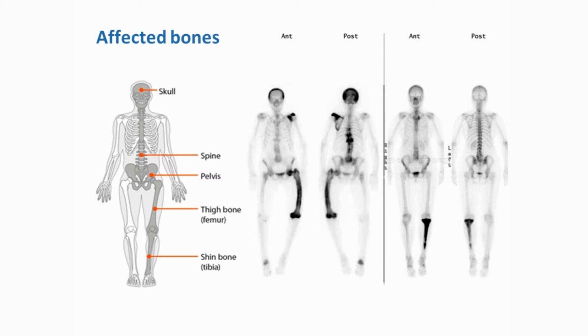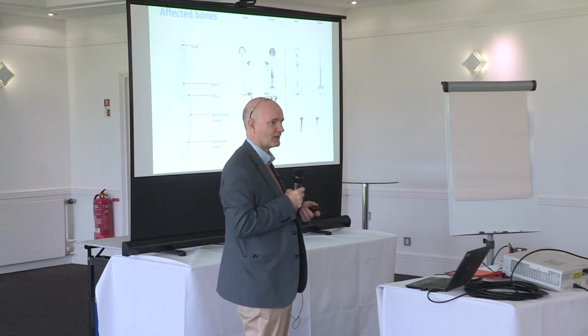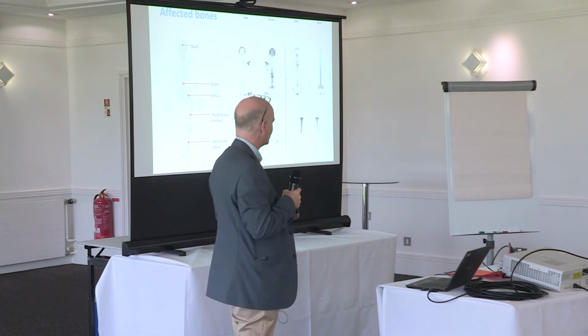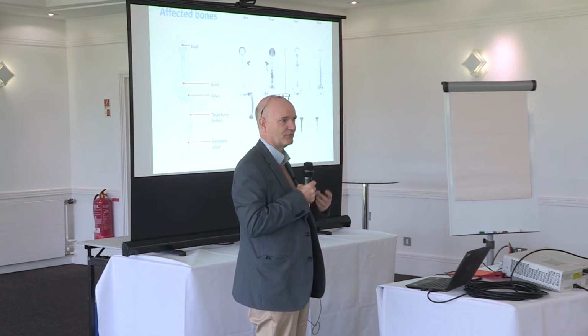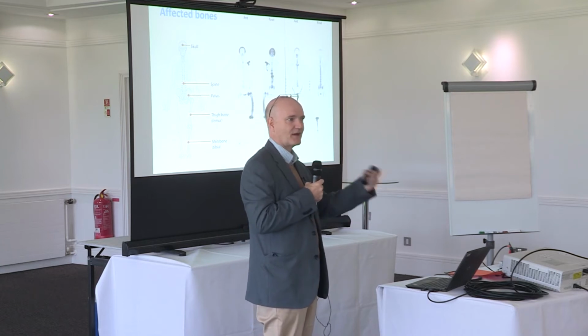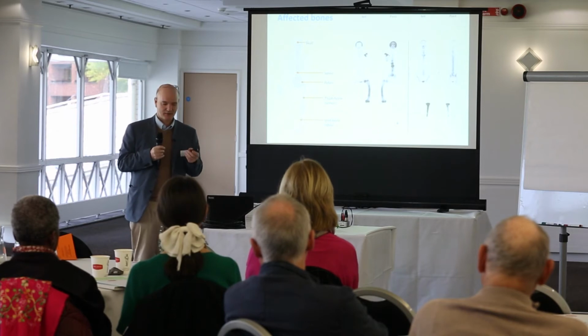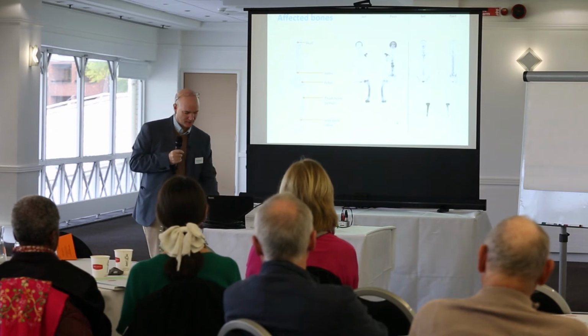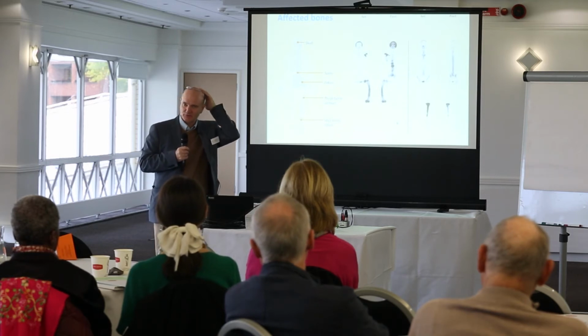So with Paget's disease, one of the first things we do if the patient has suspected Paget's disease is to get a bone scan, and what we do with the bone scan is you inject a small amount of radioactive material into the bloodstream, and that homes to bone because it's attached to a bisphosphonate, which we've heard about earlier on, and then you get a gamma camera and take a picture of it immediately after, and then after a few hours, and it lights up where you've got new bone being laid down, because it sticks to the sites where there's new bone formation.